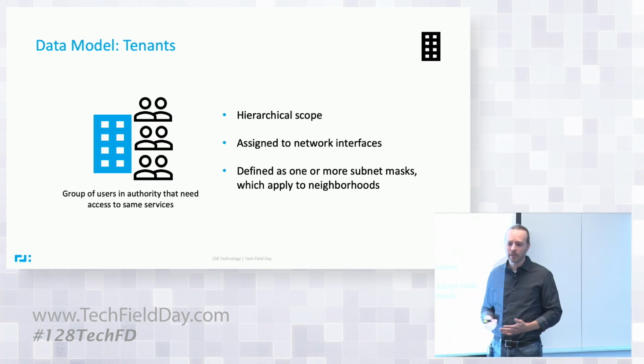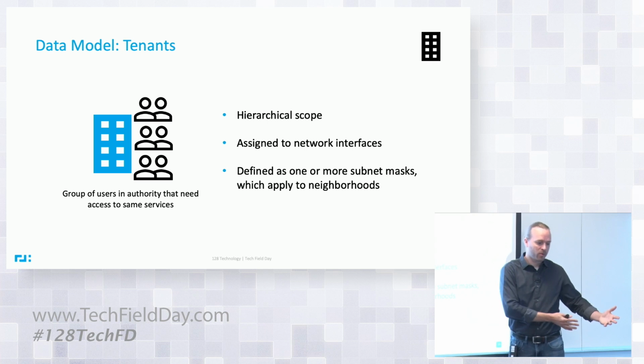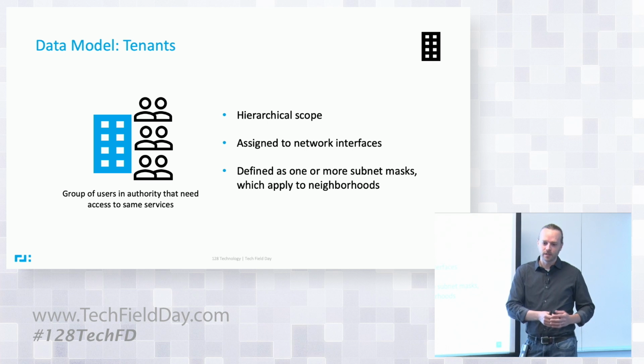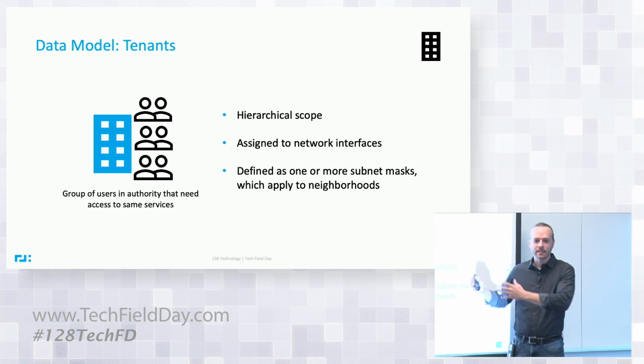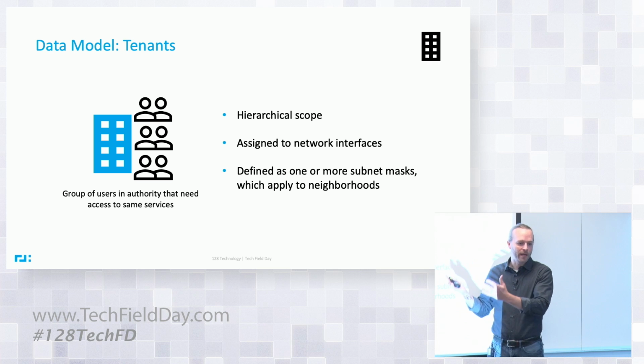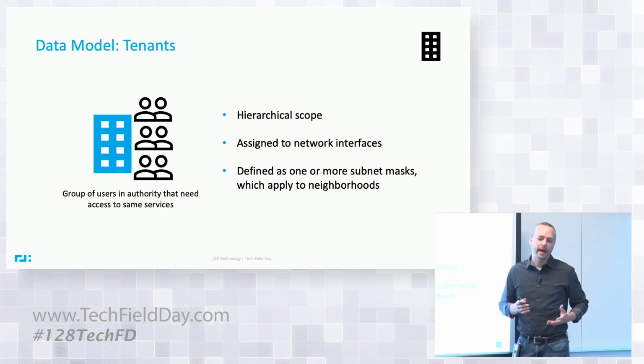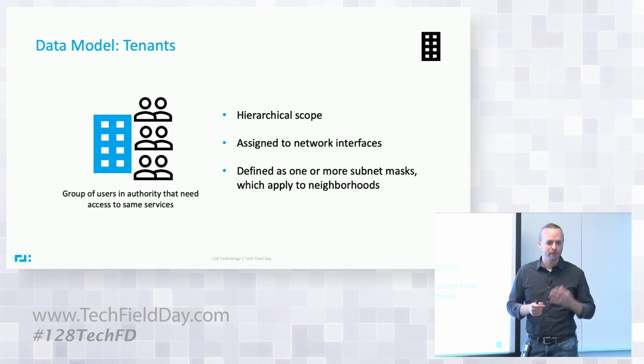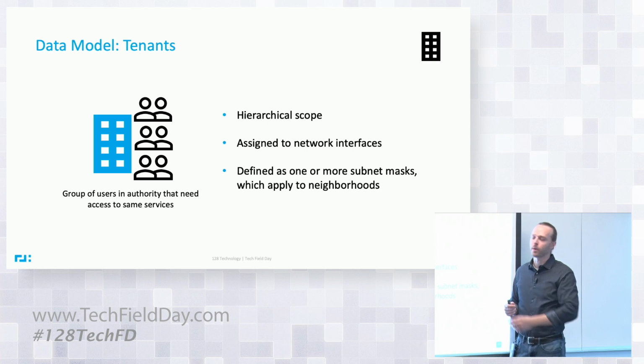As an example, you have a branch router, it has a network. You may construct a tenant, say engineering. Engineering may not exist as a network interface or a construct in the data center, where your head-end router is. And so you need to traverse that information of the origin of that packet throughout your network.